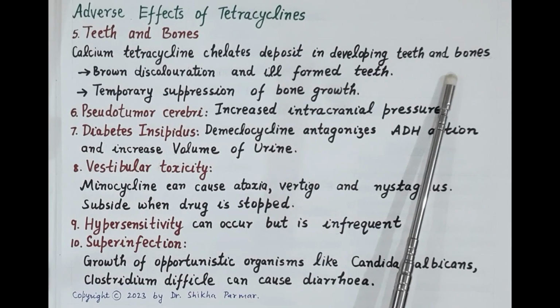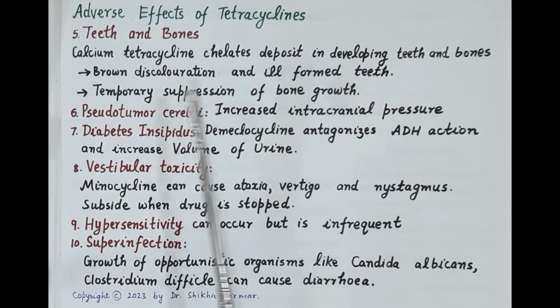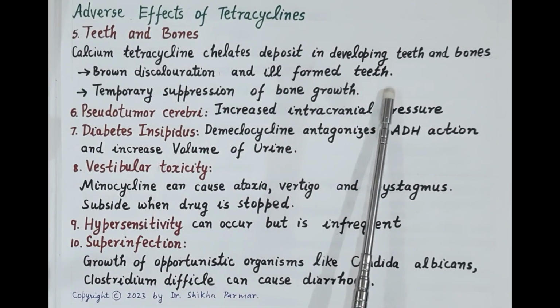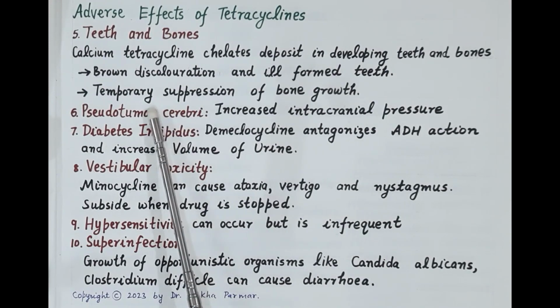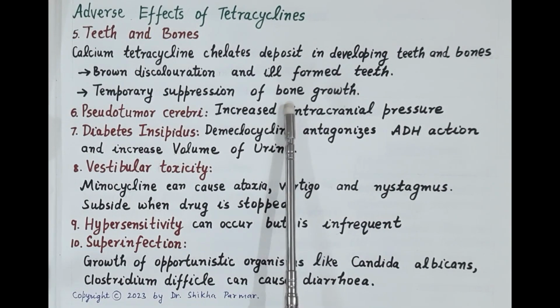Now, if given during pregnancy or to children below 8 years of age, tetracycline can cause brown discoloration and ill formation of teeth. In addition to this, it can also cause temporary suppression of bone growth in children. So, that is why tetracyclines are contraindicated in children below 8 years of age, in pregnancy, and also during lactation.